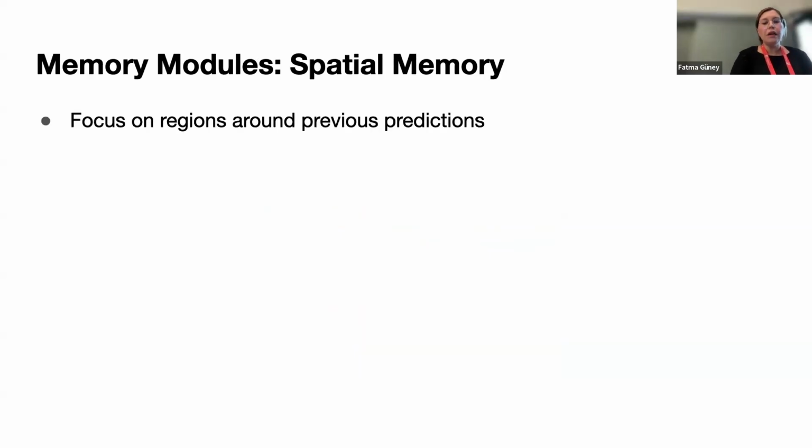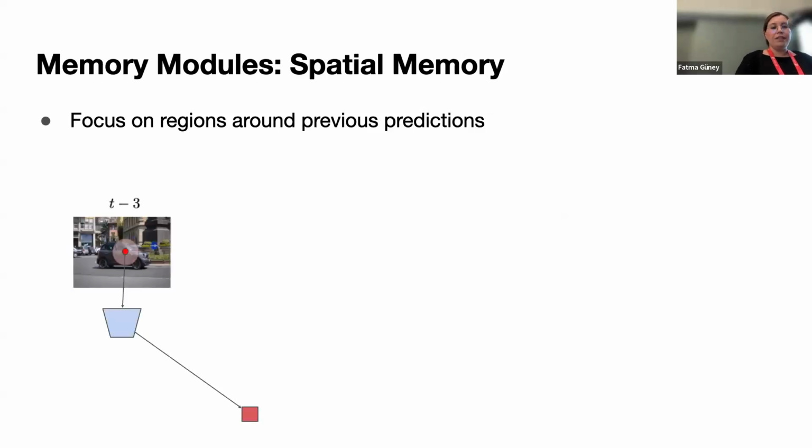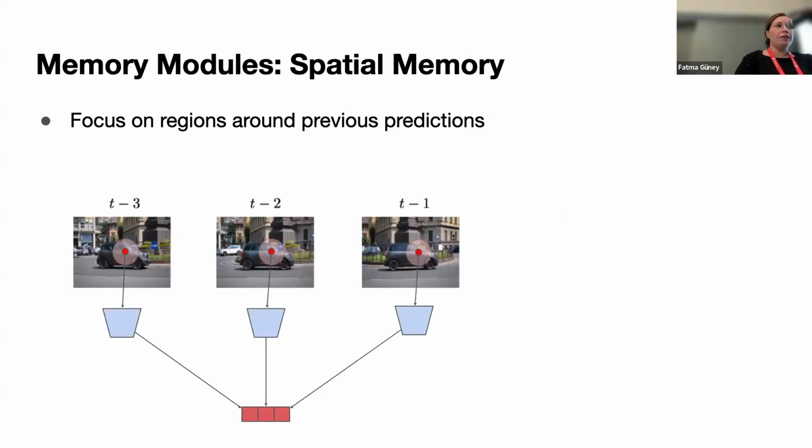To do that, we have 2 memory modules, as I said. First, we have the spatial memory. And our goal here is to overcome drift by storing some information around the model's previous predictions, right? We take predictions in previous frames like t-3, t-2, t-1, and decode the local region around the prediction using deformable attention, and then store them in the spatial memory.